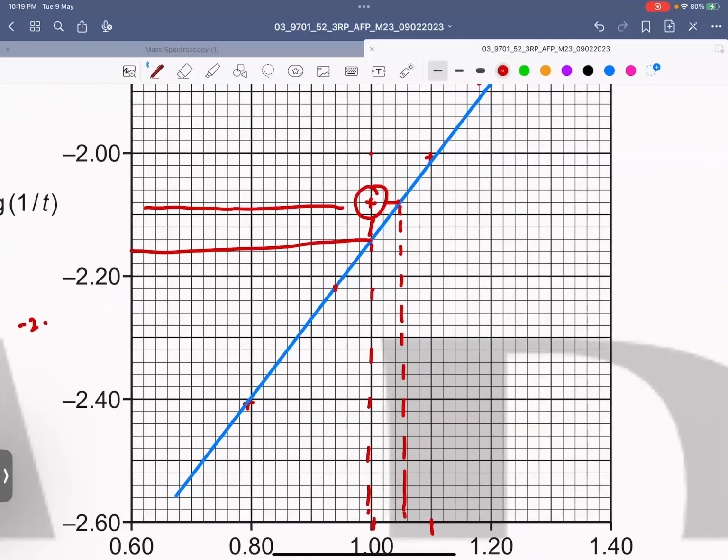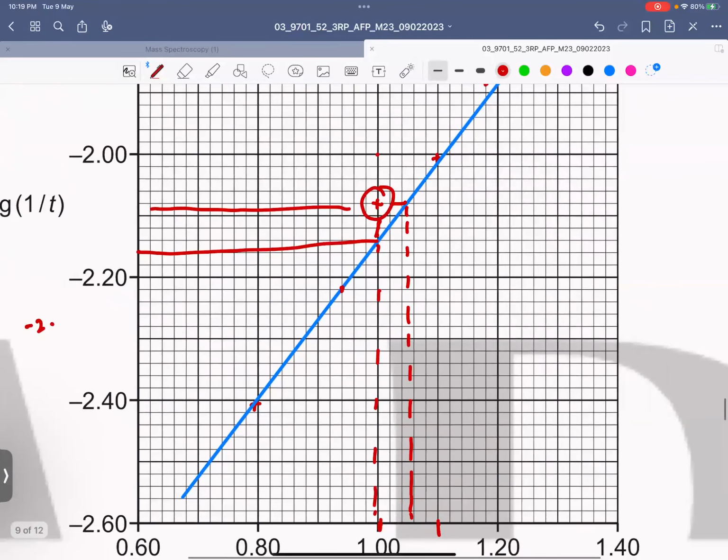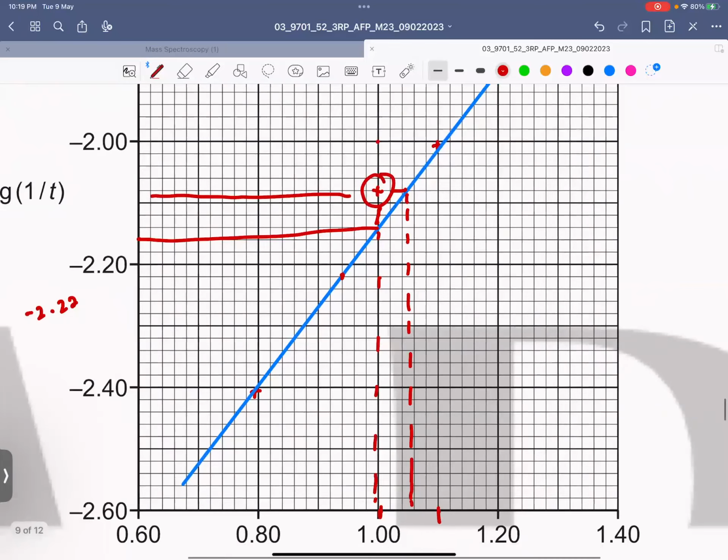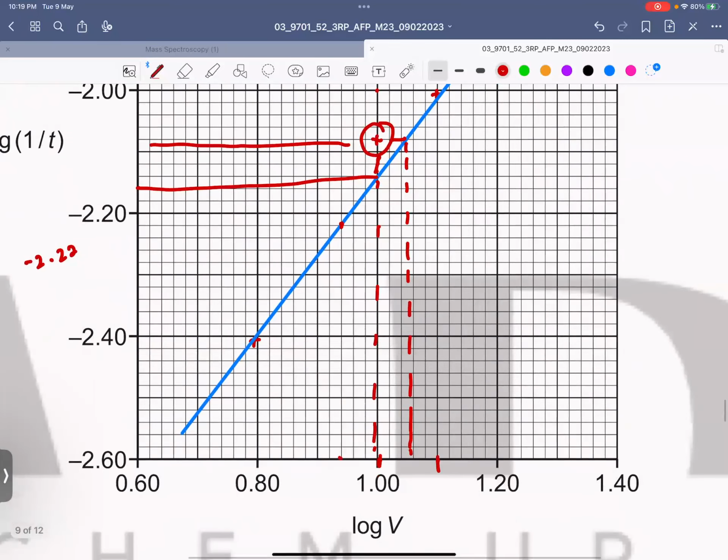Minus 2.22 on y-axis, and on x-axis it would be 0.92.